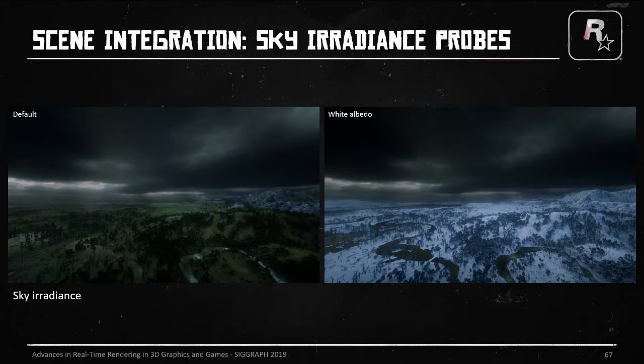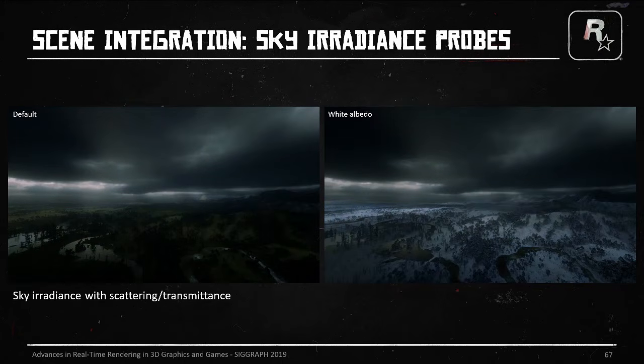In practice, this is how it looks if we don't apply any ray marching to the irradiance probes. So the ground is way too blue for the overcast sky that we're looking at. And this is when we apply the ray marching on top.